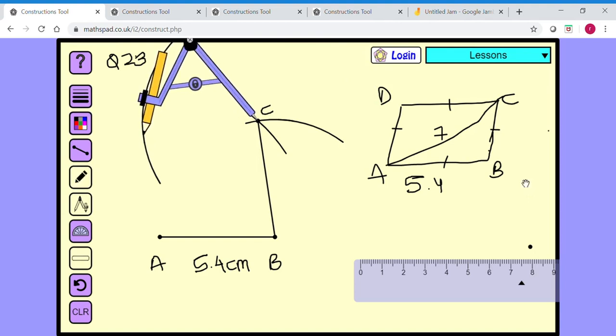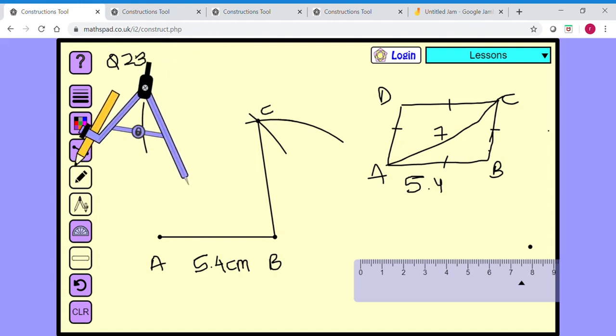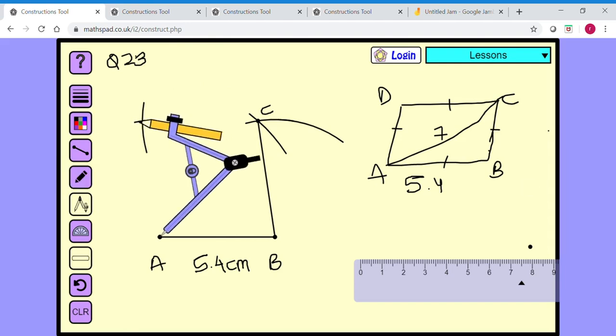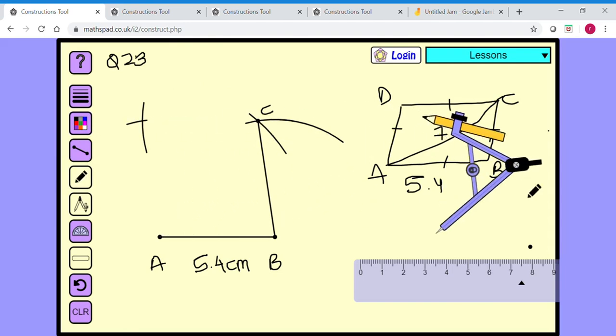This is too big an arc. Let me do a shorter arc. Done. I keep it at A, and I try and cut this somewhere here. So this point is the point D, which is at a distance of 5.4 from C as well as 5.4 from A.